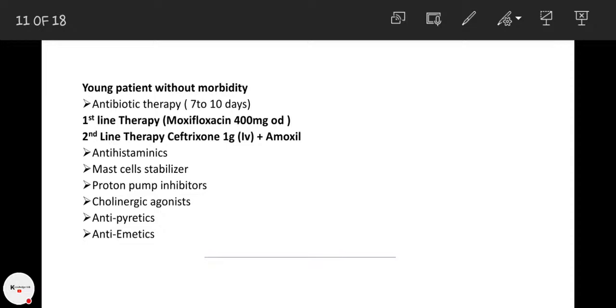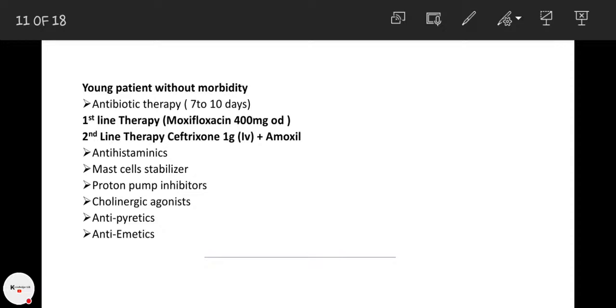Now let's move toward the treatment of pneumonia. If a young patient is diagnosed with pneumonia, what would be the treatment therapy? The common treatment includes antibiotic therapy. Other symptomatic treatment includes antihistamines, mast cell stabilizers, proton pump inhibitors, anti-emetic drugs, cholinergic agonists, and antipyretics.